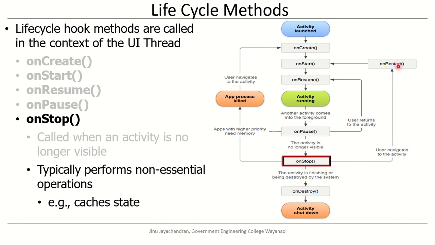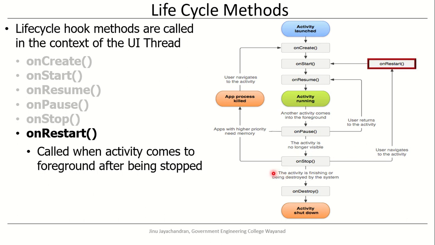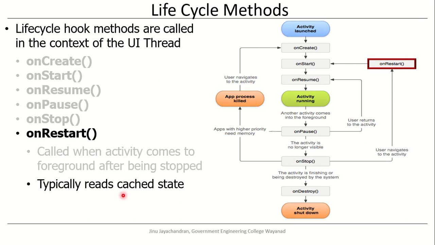In that case, the onRestart callback will be called, and then it will call the onStart callback. So all these loops can come into the picture. When onRestart is called, the activity comes to the foreground after being stopped and typically reads the cached state.